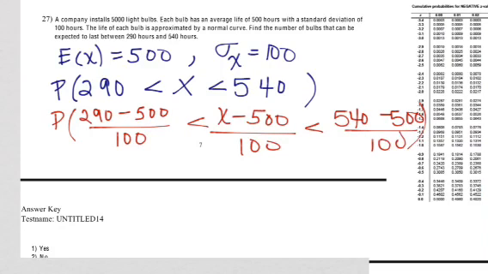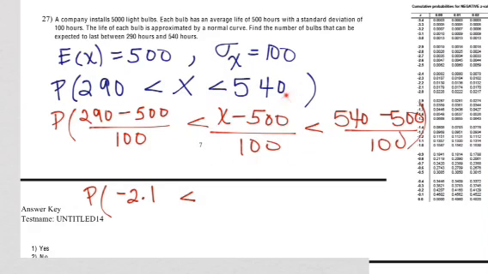And I can do the calculations again. So 290 minus 500 is negative 210. Divided by 100 is negative 2.1.